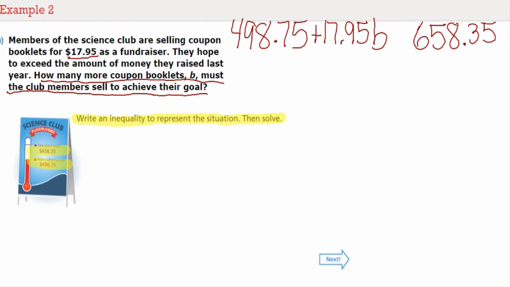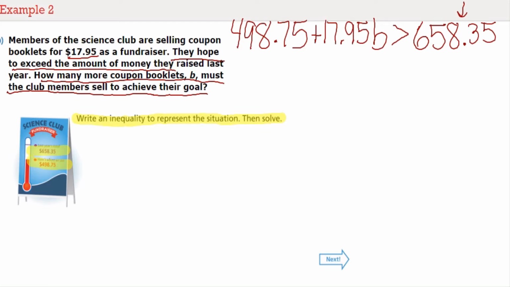And we can look here where it says they hope to exceed the amount of money they raised last year. So we're trying to exceed this number, meaning go over that number. So we're going to use a greater than symbol. Now we're not going to use greater than or equal to because it's not including the $658.35 because exceed means to go over.